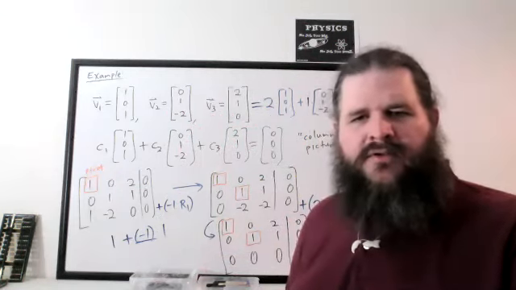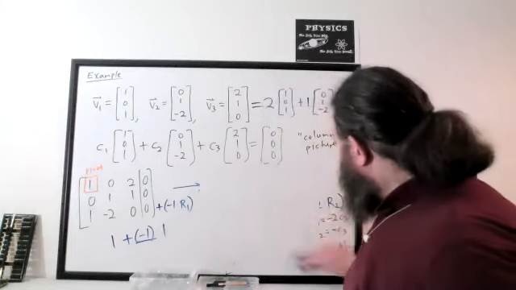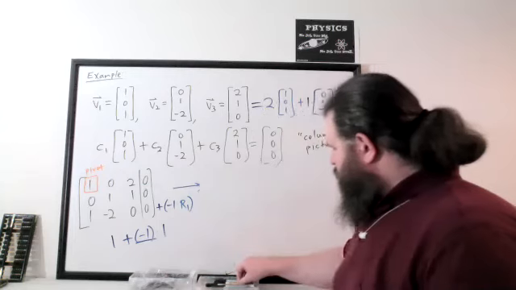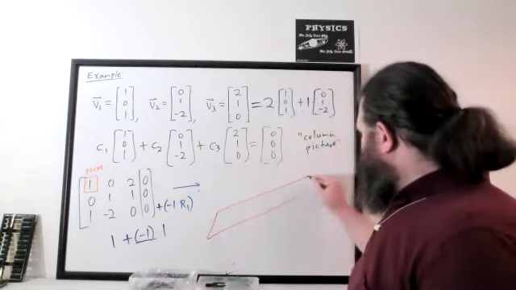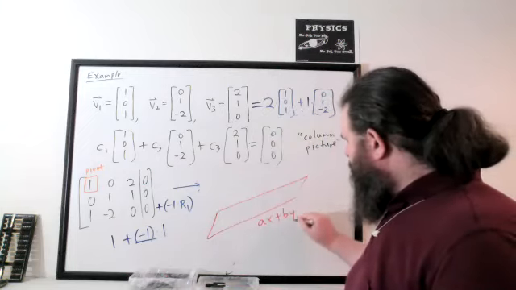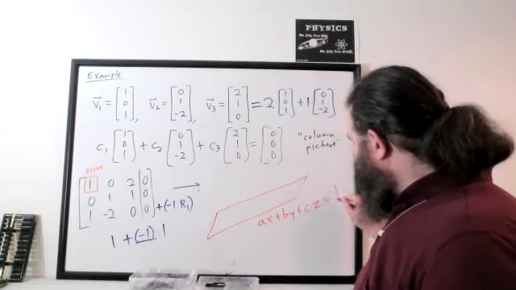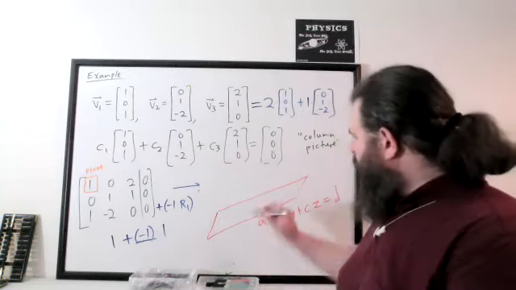Did that show up in 21C at all? Like if you have the plane that's defined by AX plus BY plus CZ equals D, and you want to create a vector that is perpendicular to it.